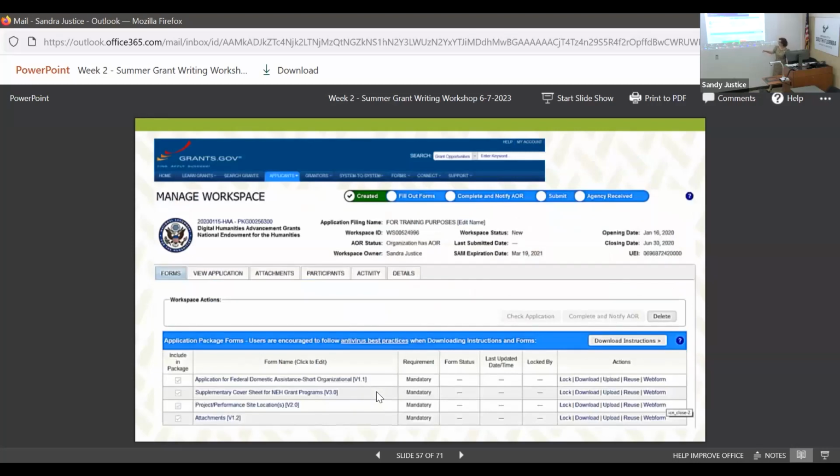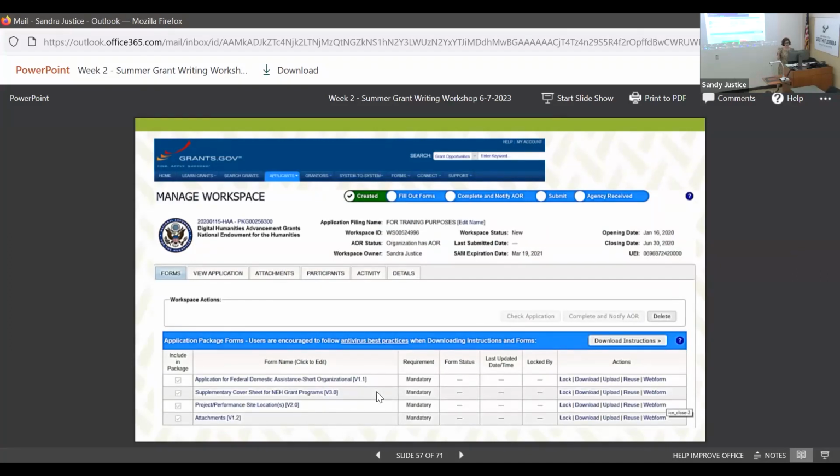And it's going to tell you, here are the 4 things that you need, right? And those 4 things are going to open up and you're going to see all of the things that you need within those 4 things. So don't just look at it here. Open these up and see what they're going to ask for. And then you're going to see optional forms and the downloading instructions. And this application package forms download of instructions, this is specific to those forms.